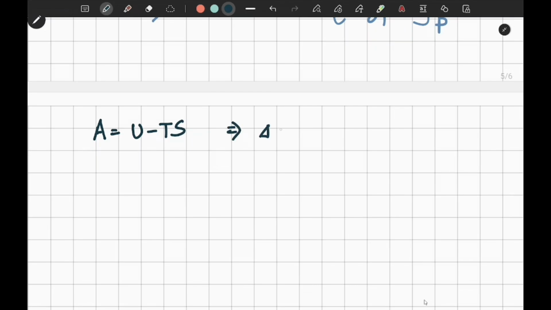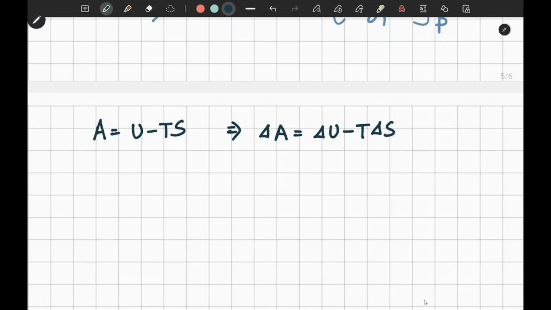From here you can write delta A is delta U minus T delta S. Also there should be an S delta T, but we generally don't consider that, because we are considering a very small change in temperature. Eventually we should consider that S delta T is also there.